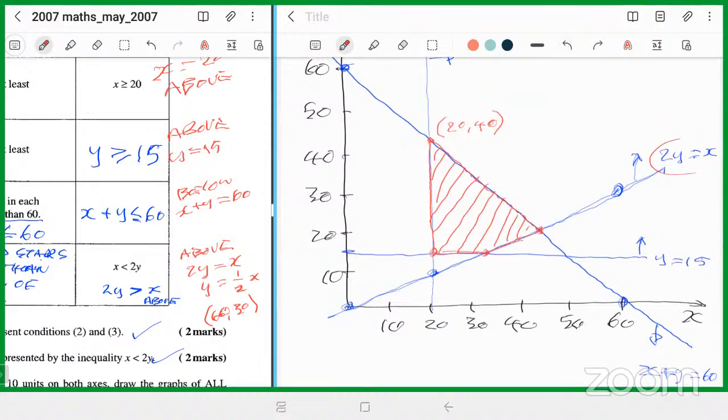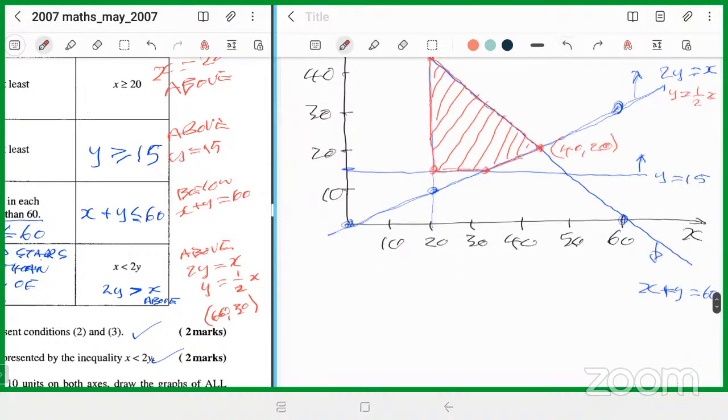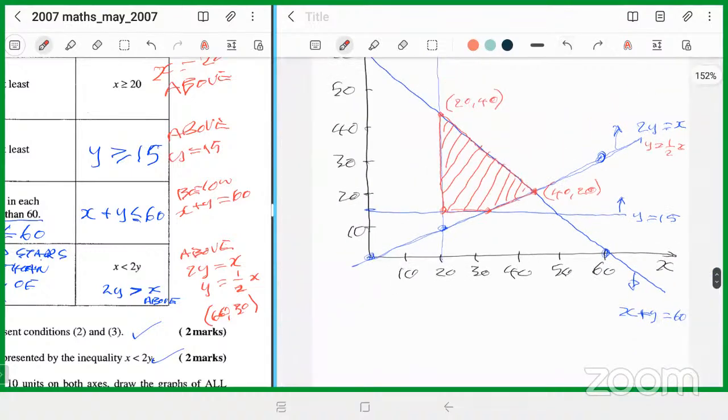It's on the line where y equals half the value of x, and in addition to that, x plus y equals 60. It looks like 40, 20 right here. This point is 40, 20, because half of 40 is 20, and when you add them, you get 60. So those are the two vertices that will give you a maximum.